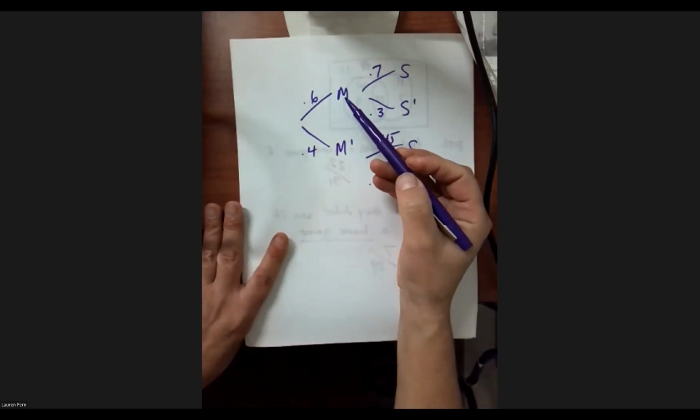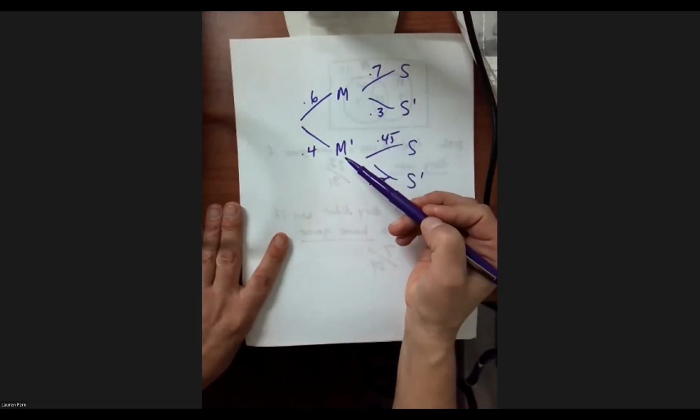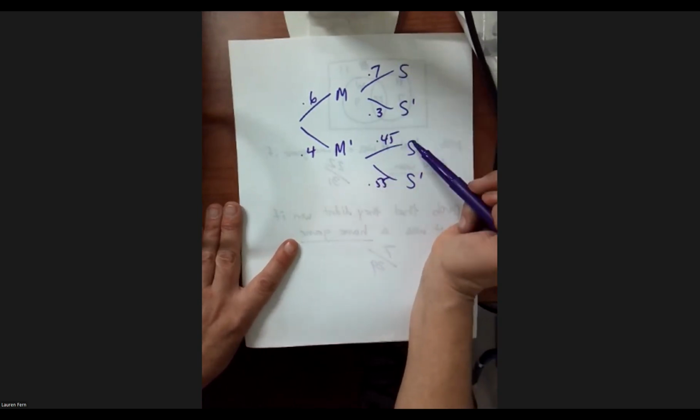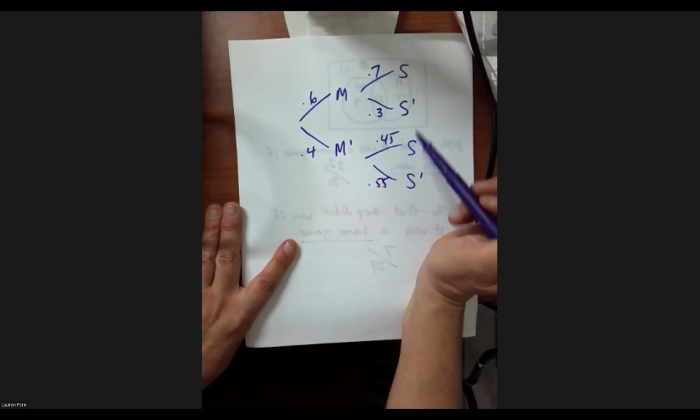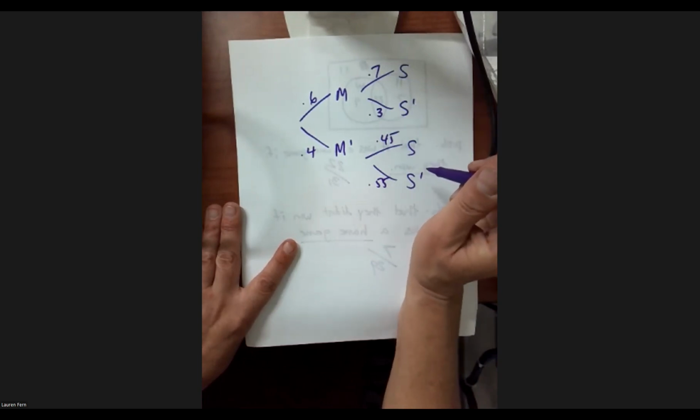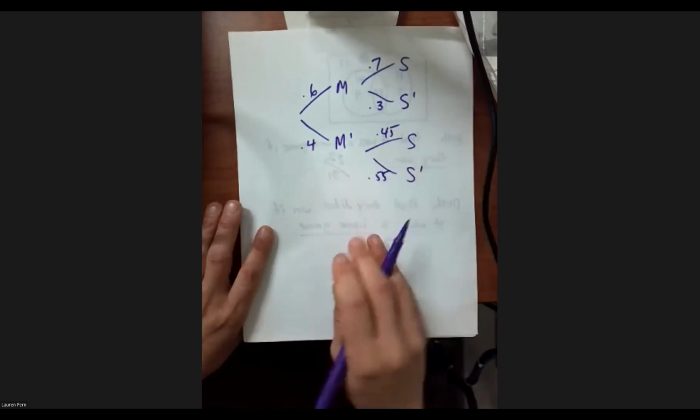So these are people from Montana. These are people not from Montana. The S are people who like to ski. The S complement are people who do not like to ski. Okay.